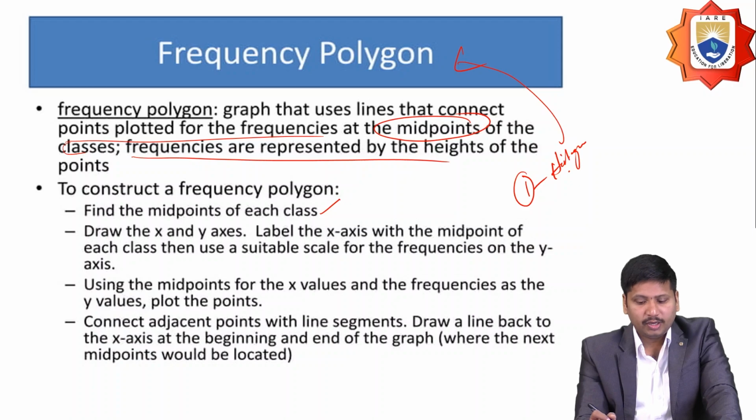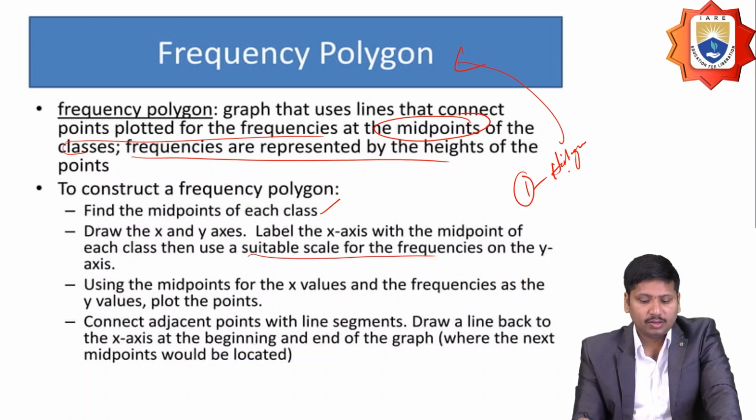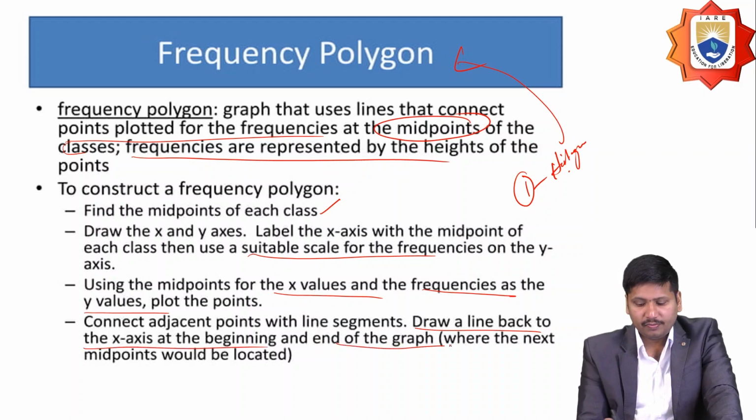So in order to construct a frequency polygon, find the midpoint of each class and draw an x and y axis. Label the x-axis with the midpoint of each class, then use a suitable scale for the frequencies on the y-axis. Using the midpoints for the x-axis and the frequencies as y values, connect the adjacent points with a line segment and draw the line back to the x-axis at the beginning and the ending of the graph.